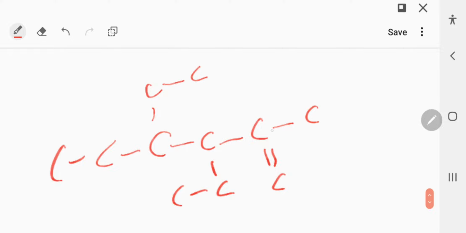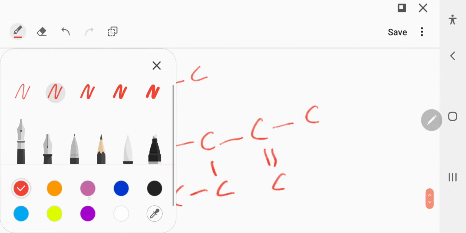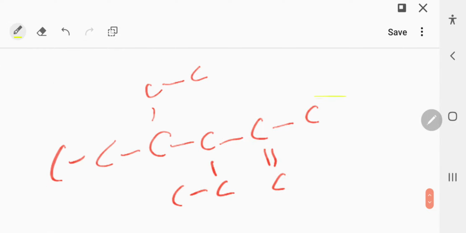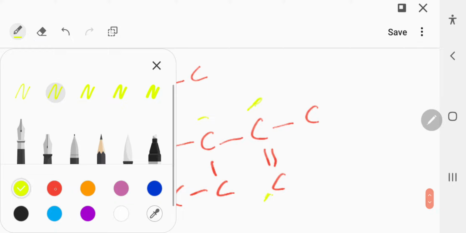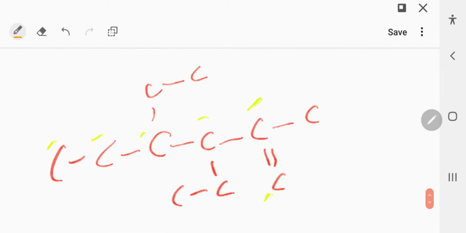Let's try to find out the longest chain here. We have to start from this side. 1, 2, 3, very short. 1, 2, 3, 4, 5, 6. This is a chain. Or 1, 2, 3, 4, 5.